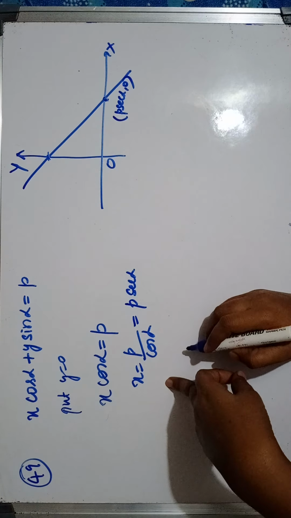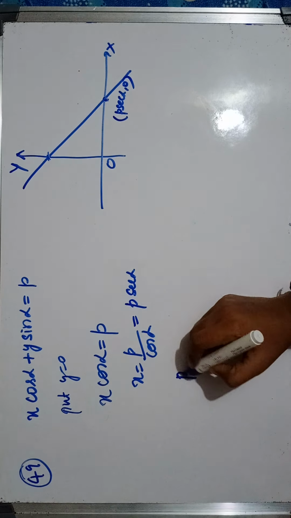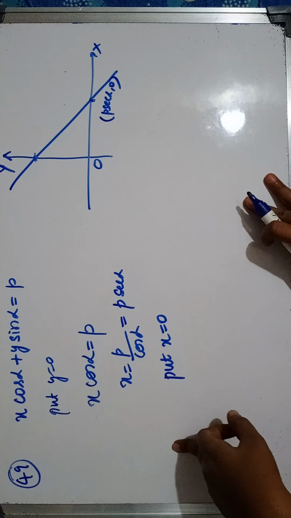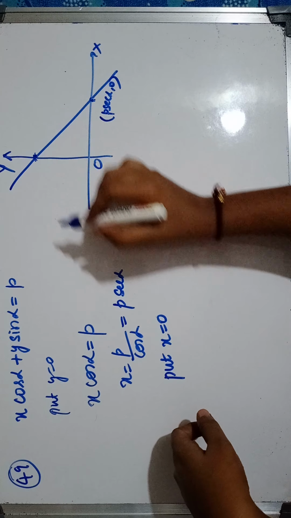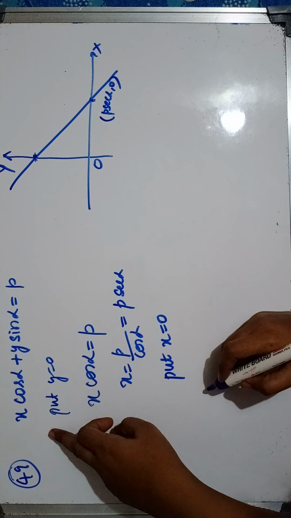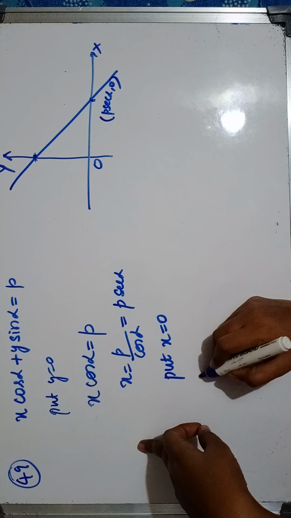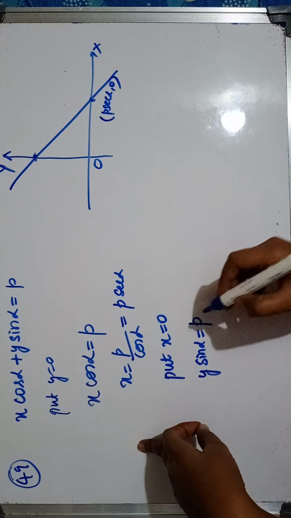Okay, so in the same way, to find out the point where the line meets the y-axis, put x equal to 0. If you put x equal to 0, you will get this point. So x equal to 0, substitute: 0 plus y sin alpha equal to p. Therefore y sin alpha is equal to p.